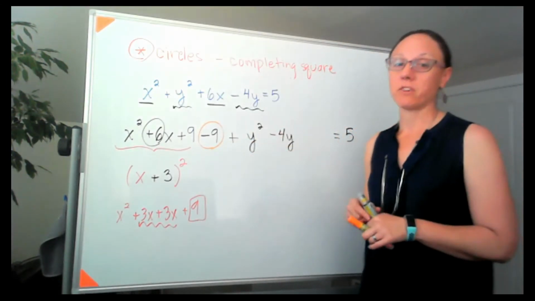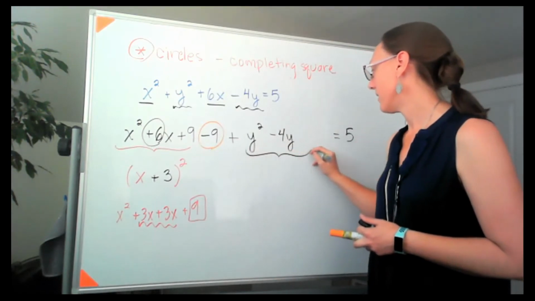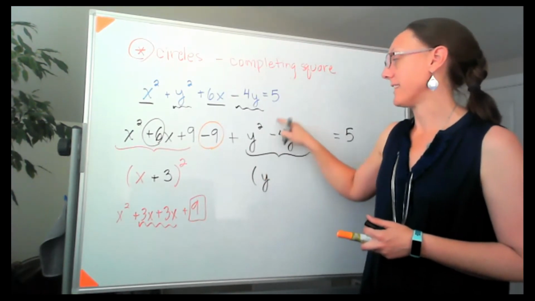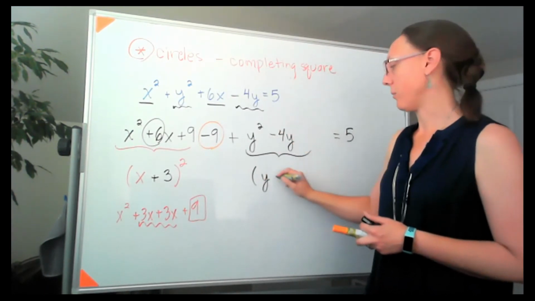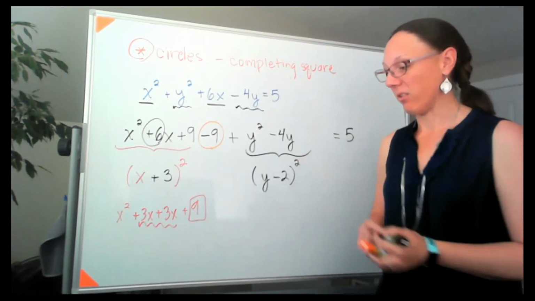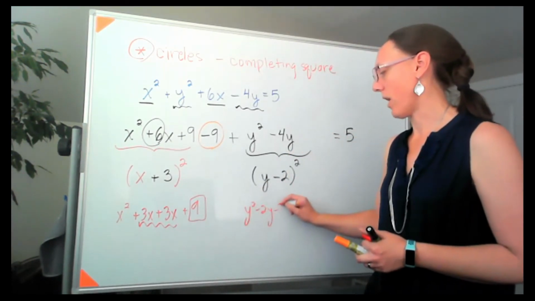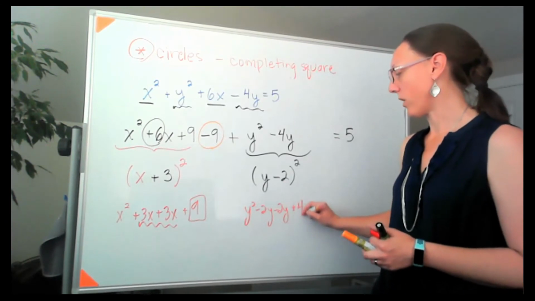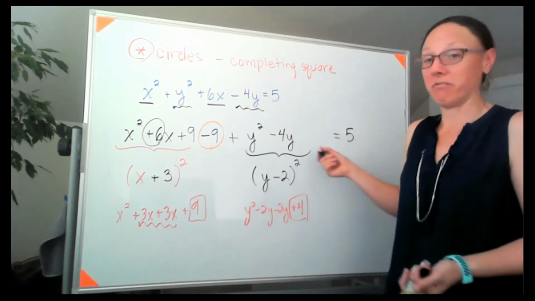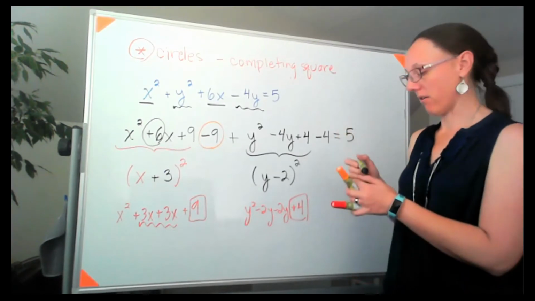If I come over to my y's and do the same thing, I need this to turn into a perfect square, so I have y, and if I take half of -4, I end up with (y minus 2) squared. If I multiplied that out, I'd have y squared minus 2y minus 2y plus 4. That plus 4 I need, so I'm going to add the 4 in and then subtract it right back off.